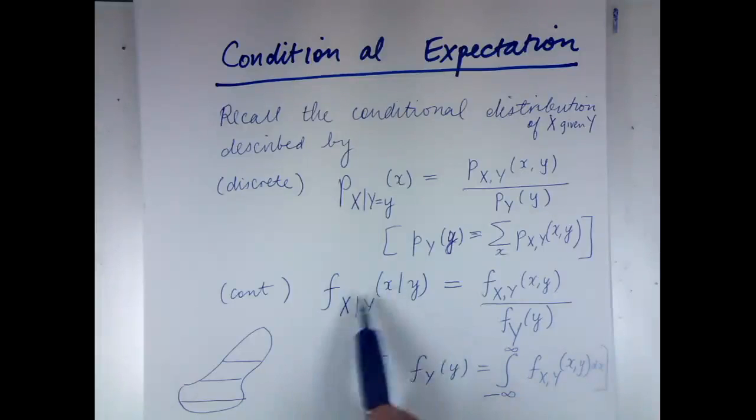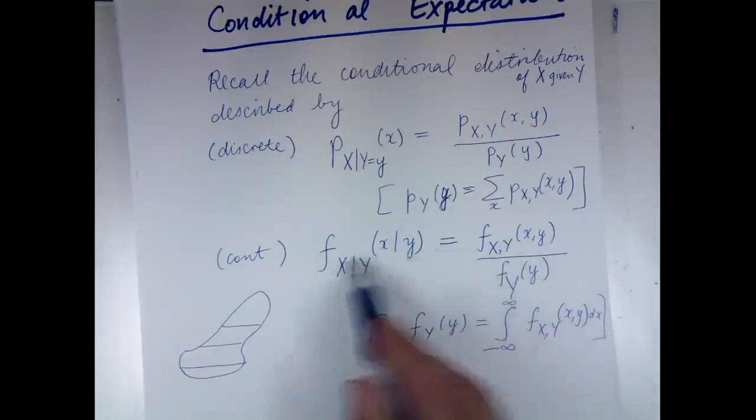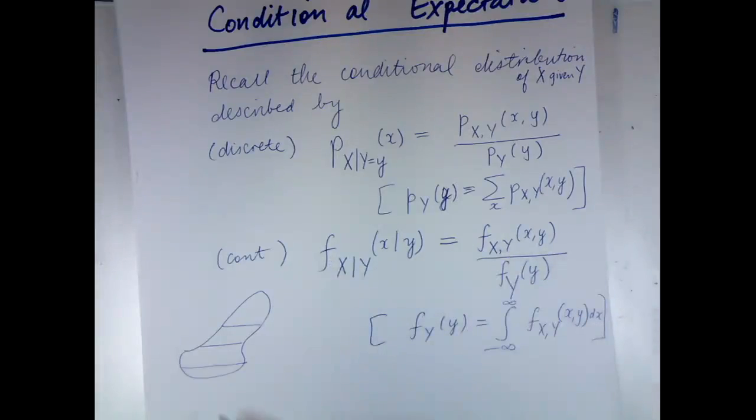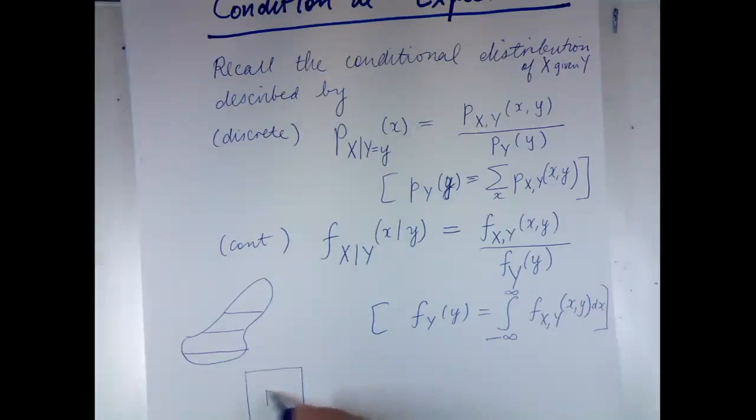I said there was a little bit of an asterisk about the exact meaning of this in cases where the joint distribution is not continuous. Really, this is something that can be totally ignored, just in case you were wondering what that was all about.